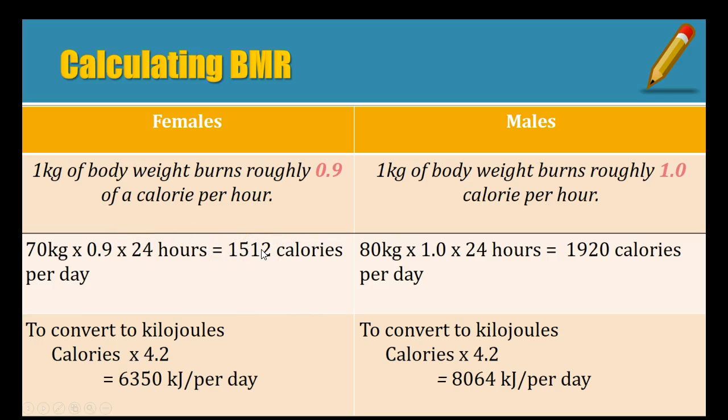Now, we only deal with kilojoules, so to convert calories to kilojoules, you multiply by 4.2, and that will tell you how many kilojoules you're burning per day based on your basal metabolic rate. That doesn't include exercise or the thermic effect of food, which we'll go into in more detail later.